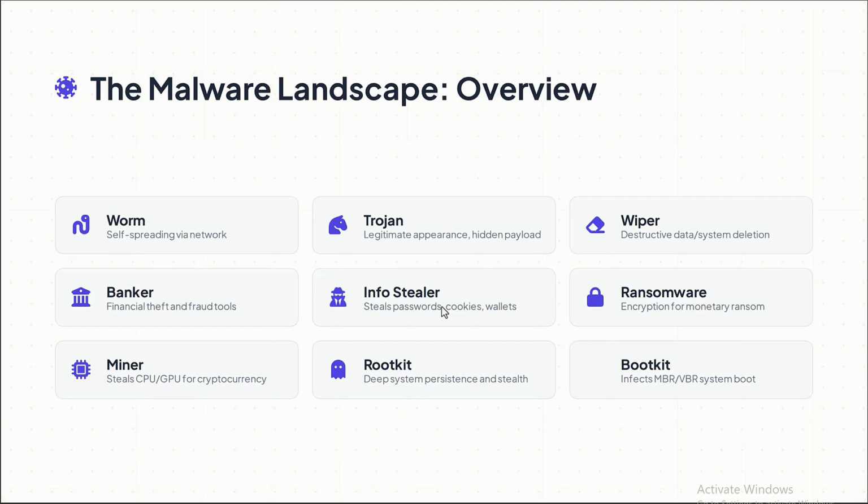We have many types of malware, like worm, Trojan, wiper, banker, infostealer, ransomware, miner, rootkit, and bootkit. Each of them has its own capabilities, its own functionalities, and its own stealth mechanisms, and they pose their own challenges to the defenders, I mean.